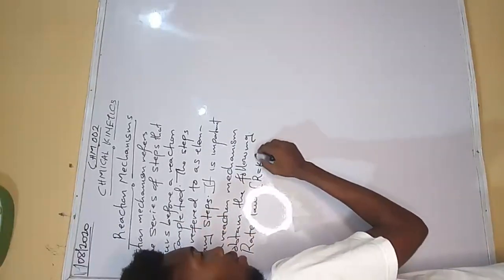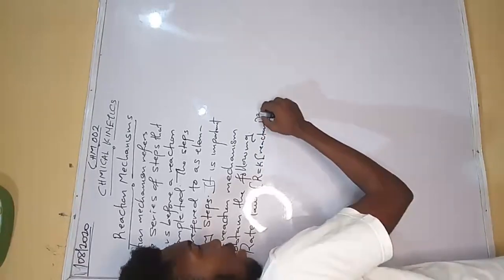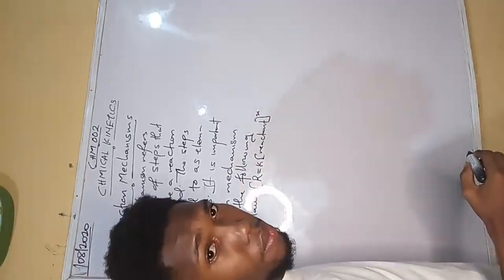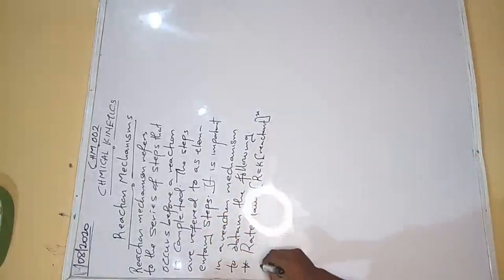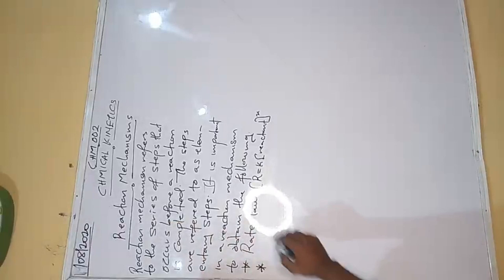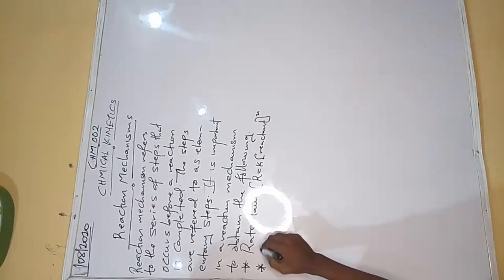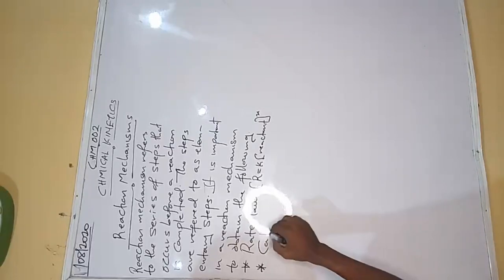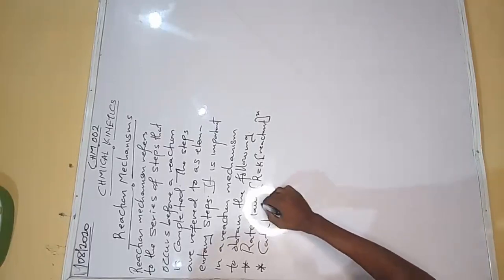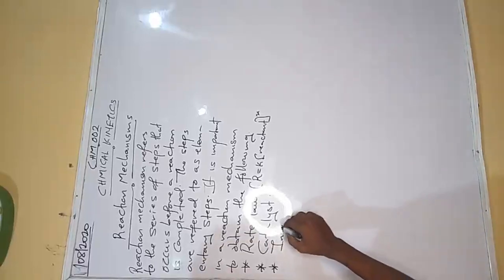R equals K reactants raised to the power of their order. So you can obtain your rate law. Another thing you can obtain in a reaction mechanism is you can know your catalyst. You can find out your catalyst, and you can also find out your intermediary.